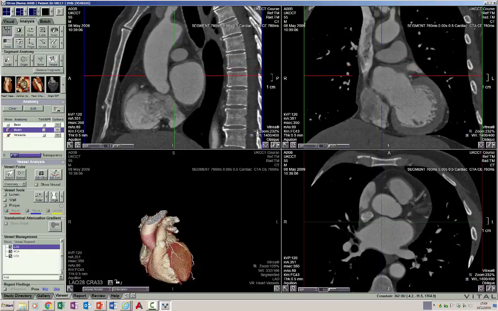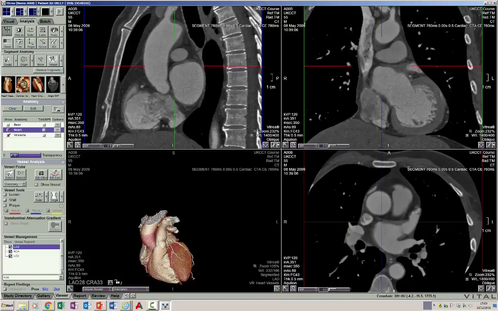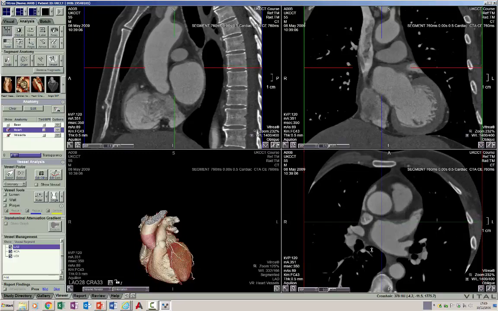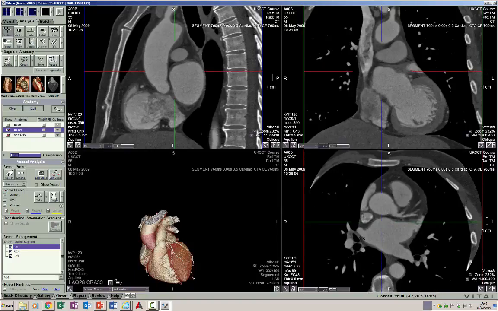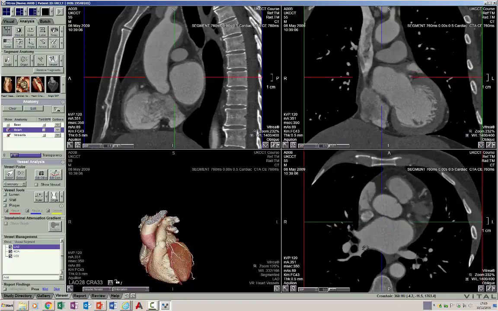So normally there are 4 pulmonary veins. On this axial image, we can identify the left inferior pulmonary vein. If we go up, we will see the left superior pulmonary vein. Similarly, on the right side, we have the right superior pulmonary vein, which is coming here. And then we have the right inferior pulmonary vein.